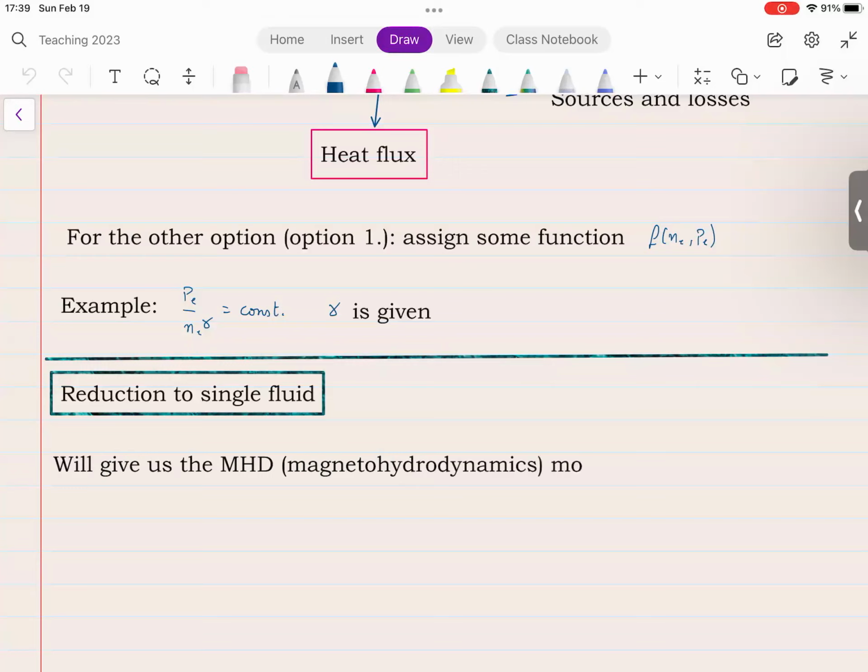This will give us the MHD, and I spelled it out, magnetohydrodynamics model.